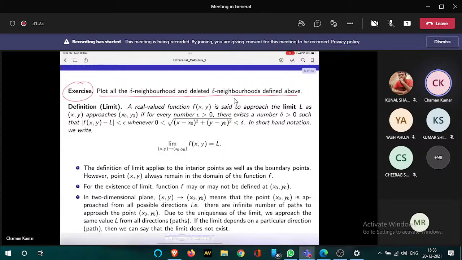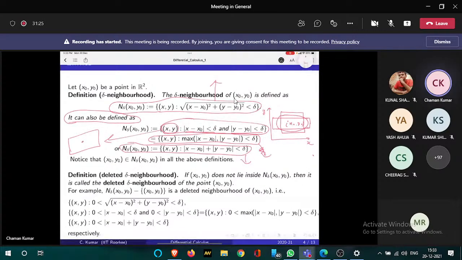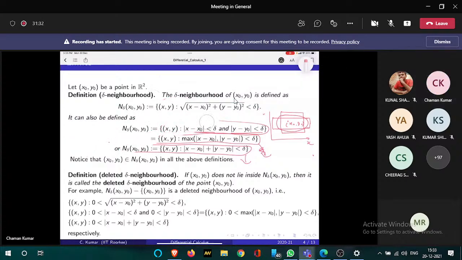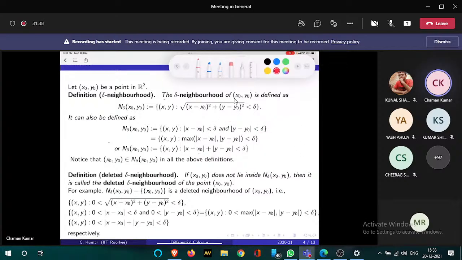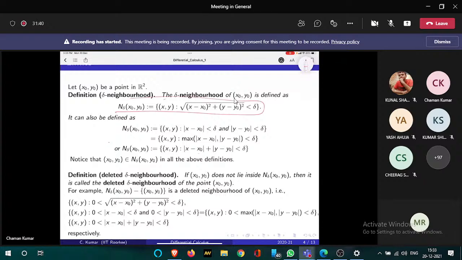I have given different ways to define the delta neighborhood. One definition is this one, so try to plot the shape here. The other definition is this one. The other definition is this one.